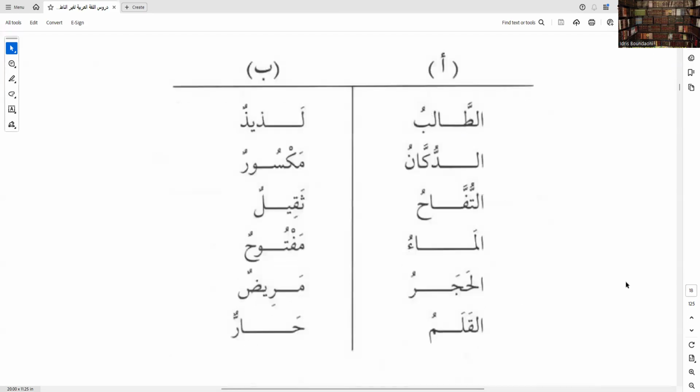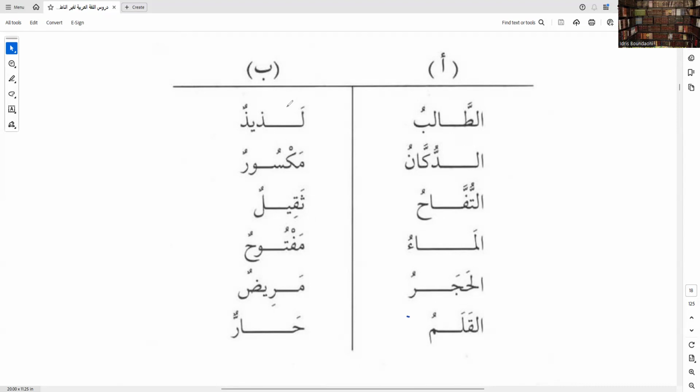We have at-talibu, the student, ad-dukkan, the store, at-tufahu, the apple, al-ma'u, the water, al-hajaru, the rock or the stone, al-qalamu, the pen. So these are the definite nouns.